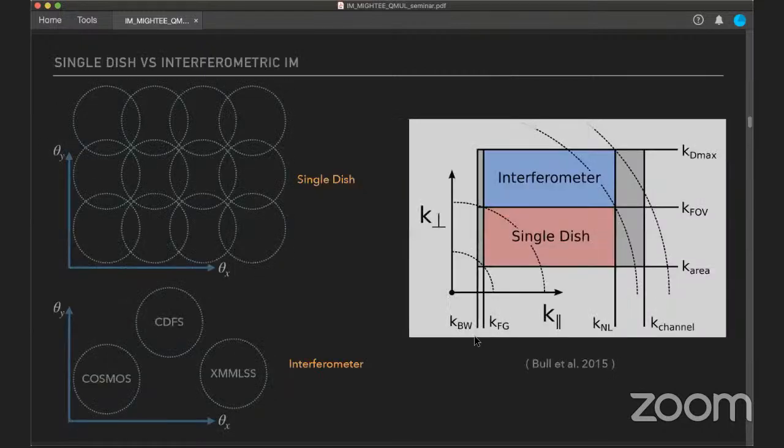And in this slide, I am going to describe the difference between single dish intensity mapping and interferometric intensity mapping. The idea in a single dish intensity mapping experiment is to map a large area of the sky with the telescope beam. Each of the circles that you see here is the primary field of view of the antenna, and we move the antenna across the sky so that we can have a large survey area.